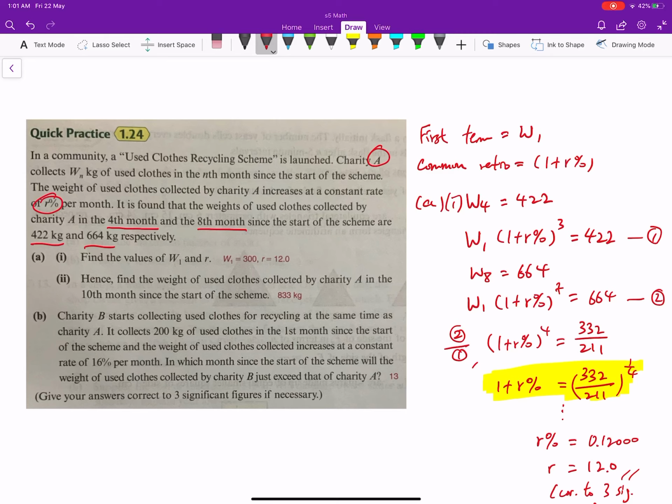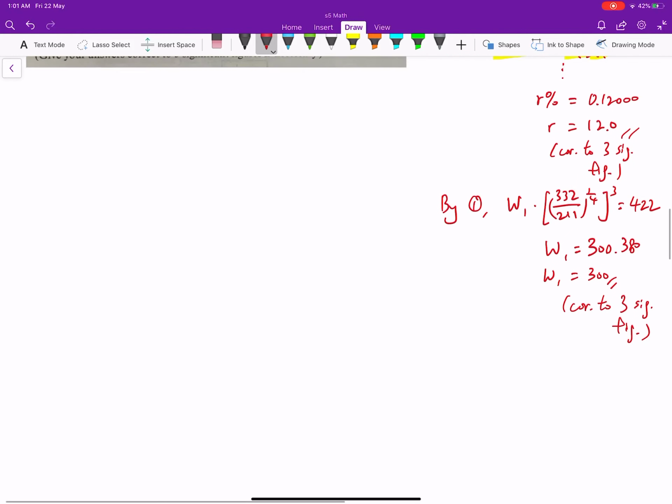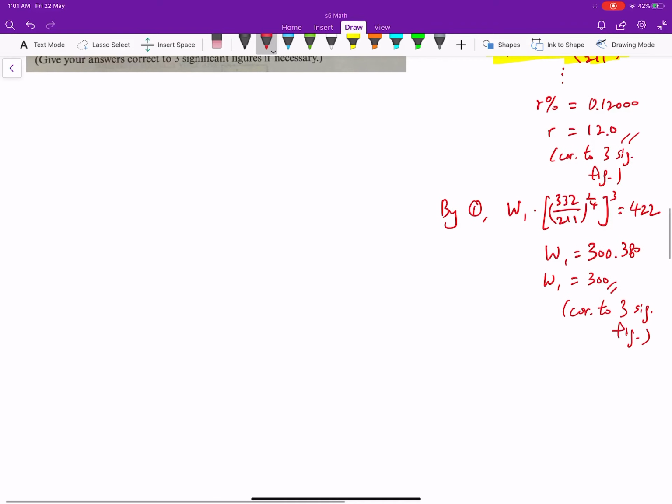We find the weight of used clothes collected by the charity in the 10th month. So it's just simply finding W10, right? So now we are going to find W10. Let's continue here. So W10 is W1, which is 300.380, and then multiply 1 plus R percent, which is 332 over 211, to the power 10 minus 1, which is 9.